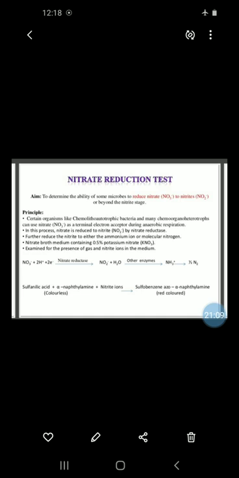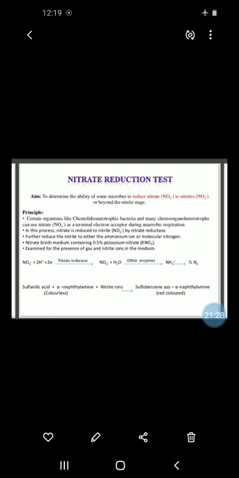In this process, nitrate is reduced to nitrite, that is NO3 to NO2, by the enzyme nitrate reductase, and further reduce the nitrite to either the ammonium ion or molecular nitrogen.